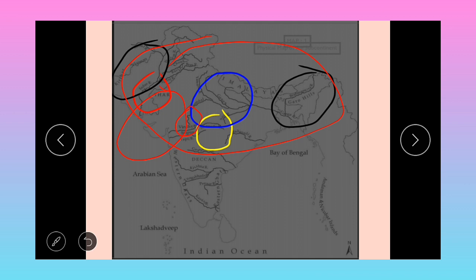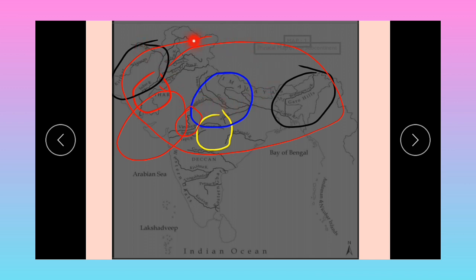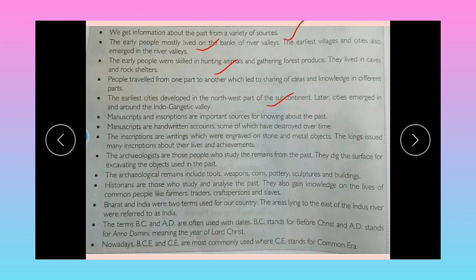They are the original citizens of this area, and after that the Aryans came to India. So the people covered this part, this and this, and they started to live there. That's why it is said that the earliest cities developed in the northwest part of the subcontinent, and later cities emerged around the Indo-Gangetic Valley.